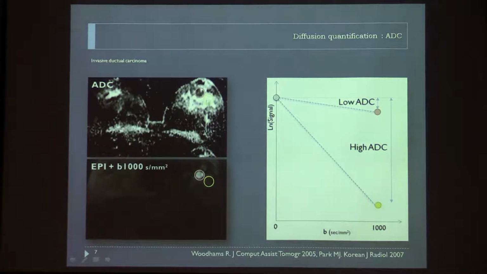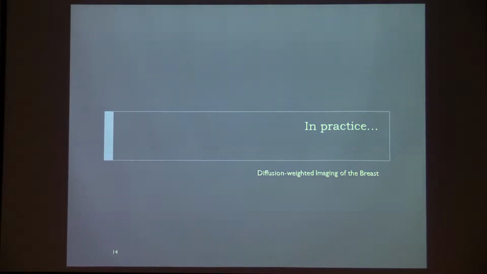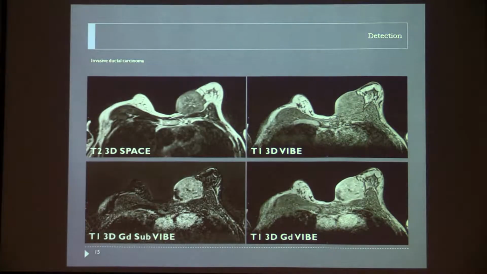See the high signal intensity within the fibroglandular tissue. And in the tumor, there is a small drop, so a low signal intensity within the tumor. So you see we have two images, B1000 and ADC. So we'll see whether these two images are useful or not in your practice.